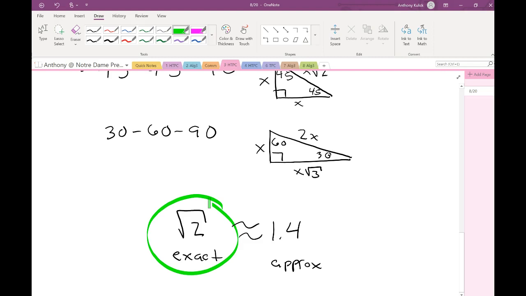And those values, or those angles that we can find an exact value for, correspond to multiples of 30, 45, 60. So the acute angles in these special right triangles. Those will be ones that you'll probably want to have those triangles memorized.